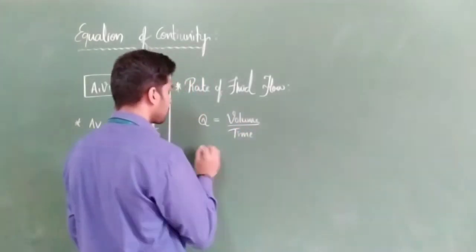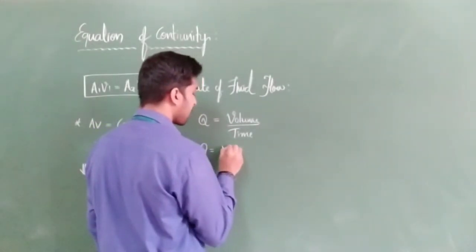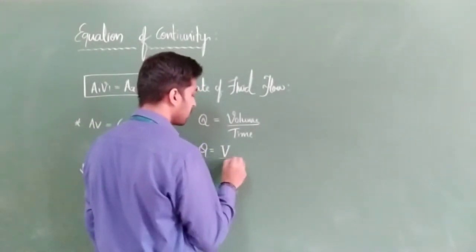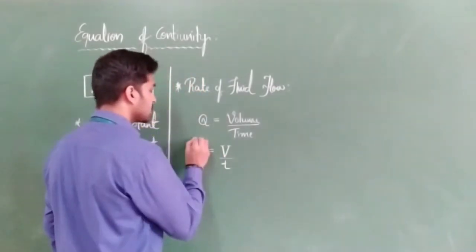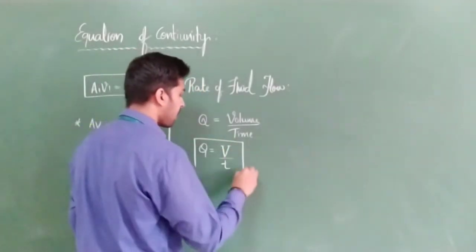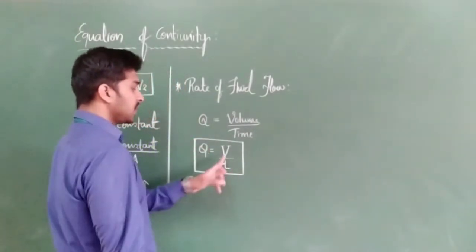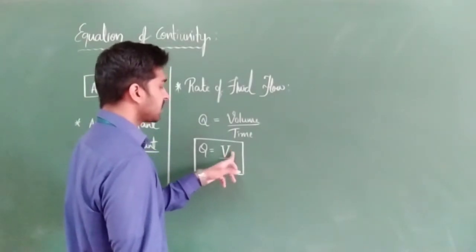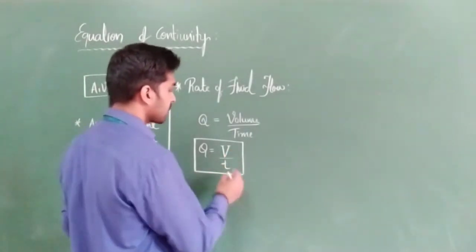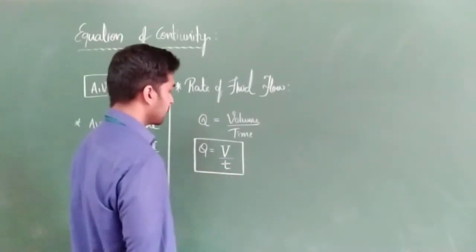Clear? So Q is equal to volume, which I will write as capital V, divided by time t. So Q is equal to V by t, where V is nothing but the volume of the fluid which is entering in the unit value of time, that means in 1 second.